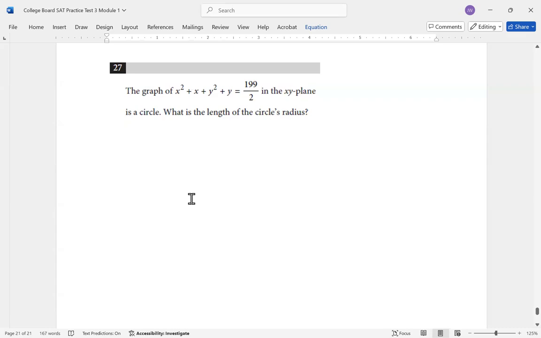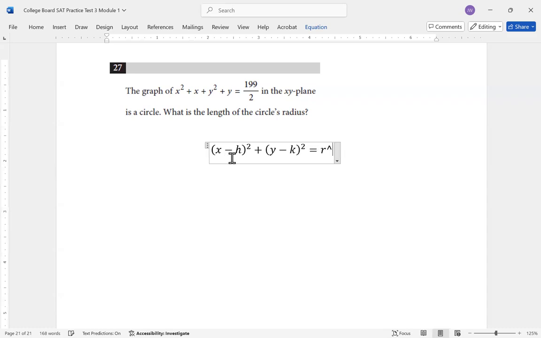Question 27. The graph x squared plus y squared plus y equals 199 over 2 in the xy plane is a circle. What is the length of the circle's radius? Now, in general, a circle can be written as (x minus h) squared plus (y minus k) squared equals r squared, where (h, k) is the center of the circle.